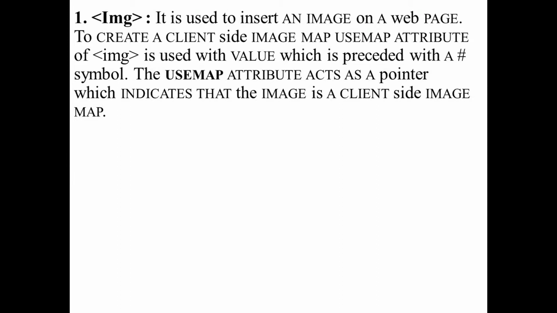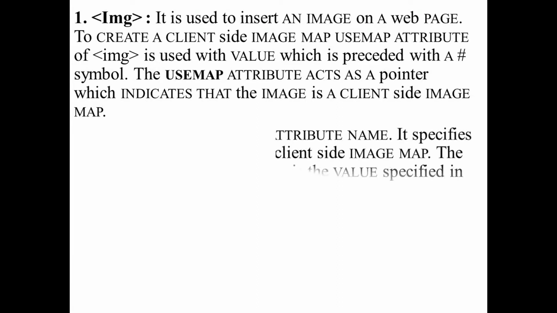With the help of this usemap attribute, we come to know that it is a client side image map, and it is preceded with a hash symbol. The usemap attribute acts as a pointer which indicates that the image is a client side image map.